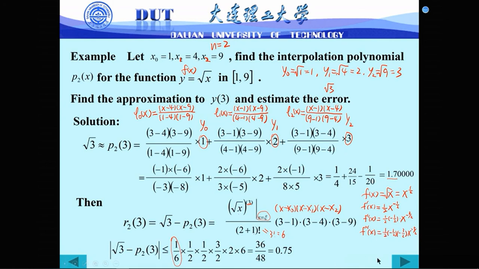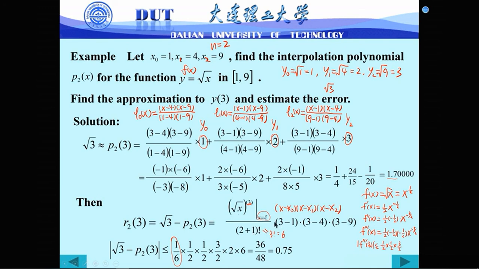So absolute value of f'''(c) is less than 1/2, multiply this 1/2 and multiply 3/2. Okay, because when x is 1, it is the maximum, right? So here, 1 over 2, 1 over 2, 3 over 2. It's okay? This 1 over 6 means this denominator.